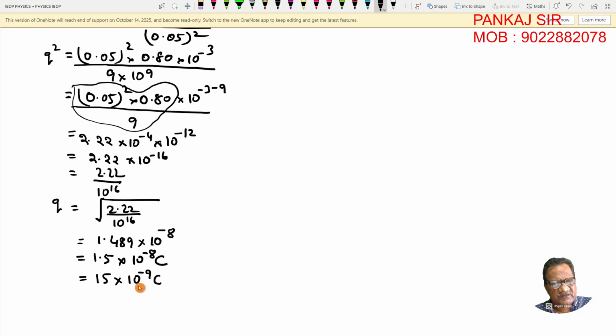Okay, so 15 into 10 raised to minus 9 coulomb, and this 10 raised to minus 9 can be replaced by nano, so 15 nano coulomb can be the answer. Okay, so each charge is of the value 15 nano coulombs, or you can say 1.5 into 10 raised to minus 8 coulombs. Okay, both the answers are correct, right? So that was the A part of the question.